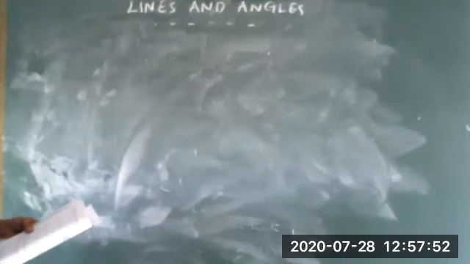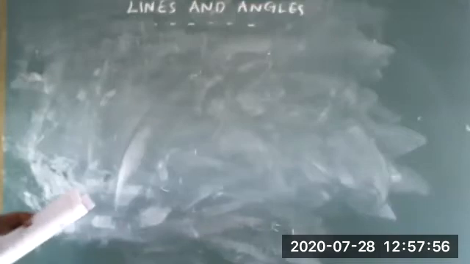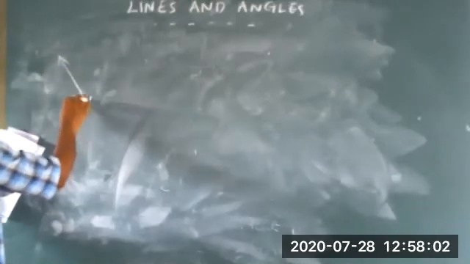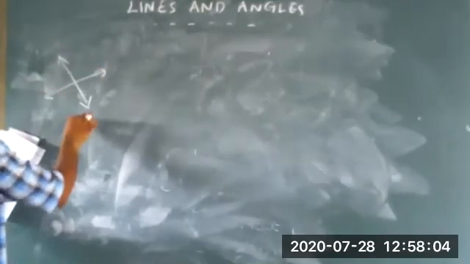Next, eighth problem. Which of the following lines are intersecting? The first pair is given like this.